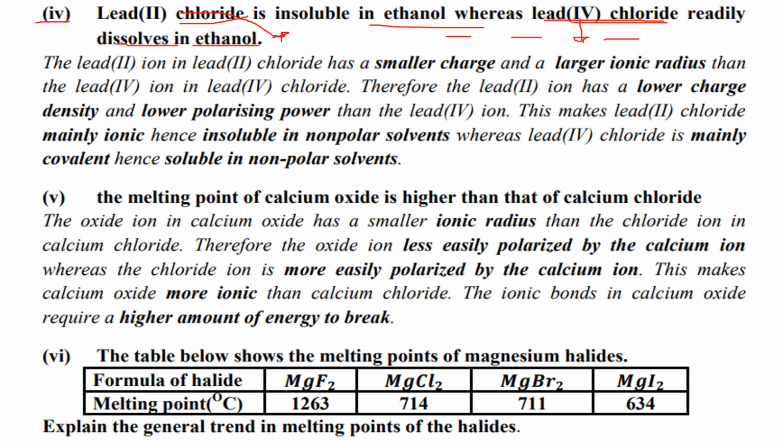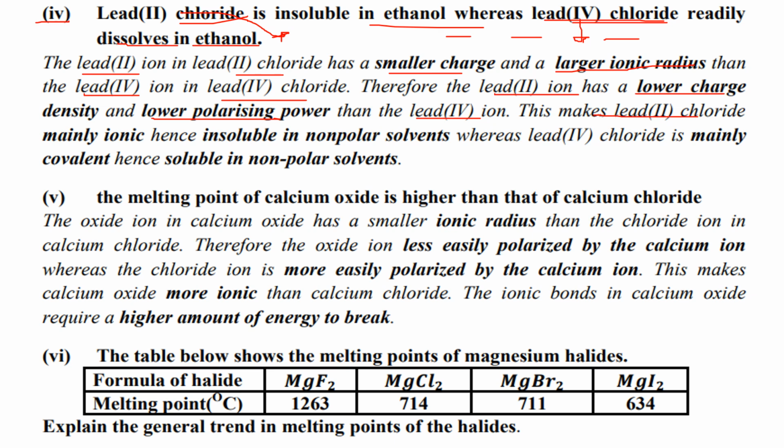So let's start our explanation by saying that the lead-2 ion in lead-2 chloride has a smaller charge, and therefore it has a larger ionic radius than the lead-4 ion in lead-4 chloride. So we're going to say that therefore the lead-2 ion has a lower charge density, and hence it has a lower polarizing power than the lead-4 ion.